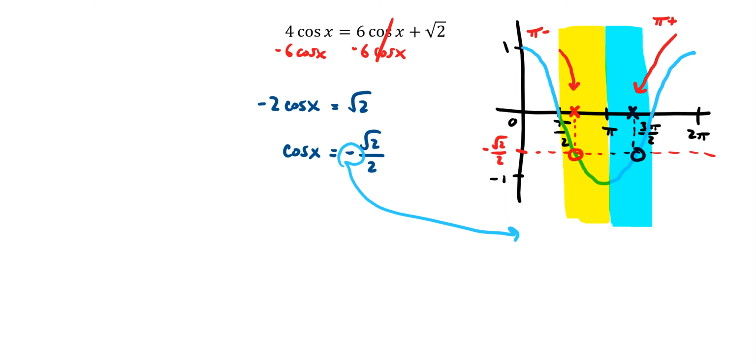Anytime this is a negative value, we're going to pretend it is positive. So we want to pretend that we're solving cosine of what reference angle equals radical 2 over 2, because we need the reference angle. So we know that cosine of pi over 4 is radical 2 over 2.